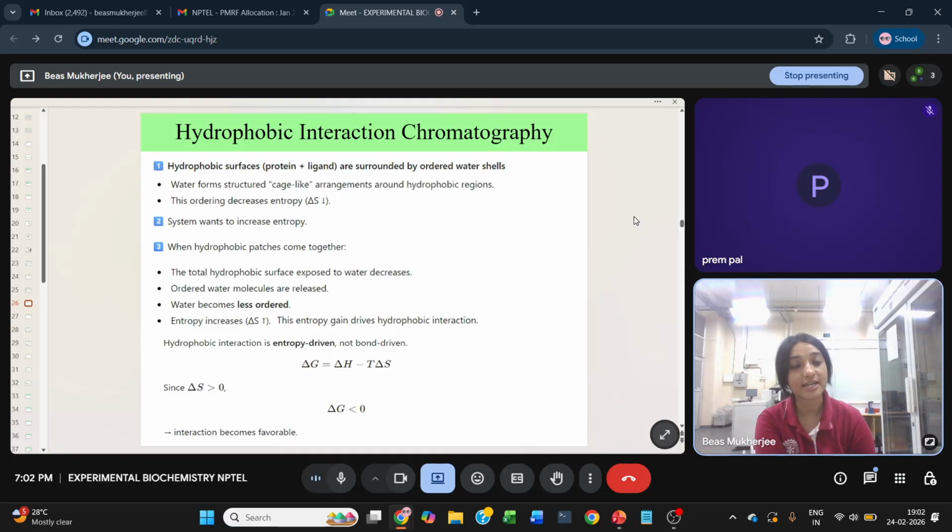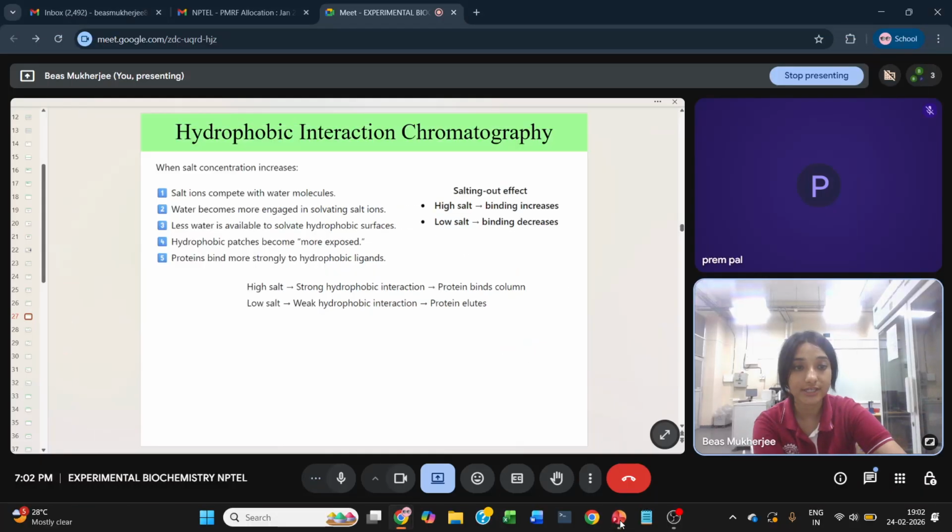This is what we had studied even in our protein folding class. Correct. So hydrophobic interaction is entropy driven, not bond driven. Enthalpy is due to making and breaking of bonds, but entropy is because of displacement. Okay, so that is what drives hydrophobic interactions.